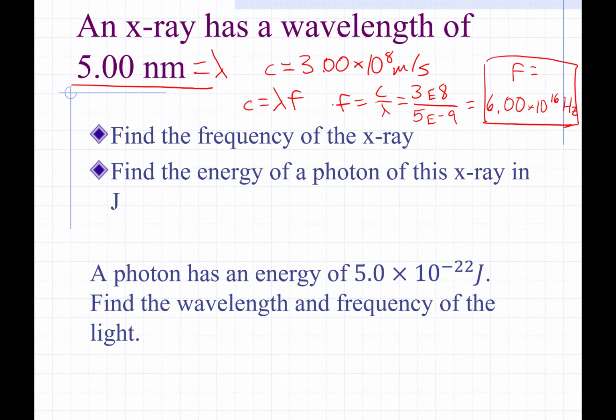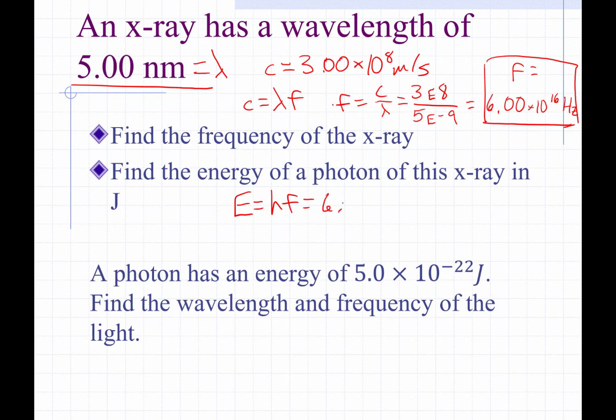We need to find the energy of a photon of this X-ray in joules. Well, we know the energy of a photon is equal to h times f. Since we know the frequency and we know Planck's constant, we can do that.